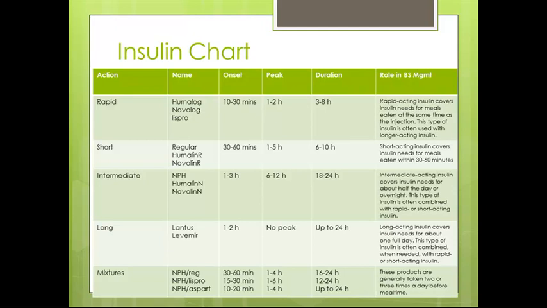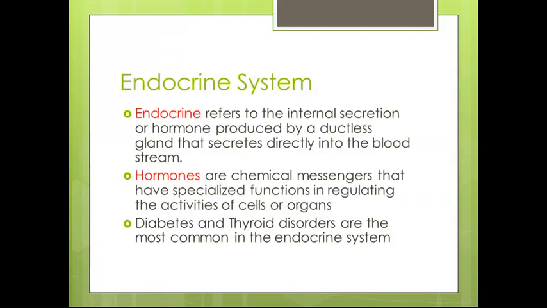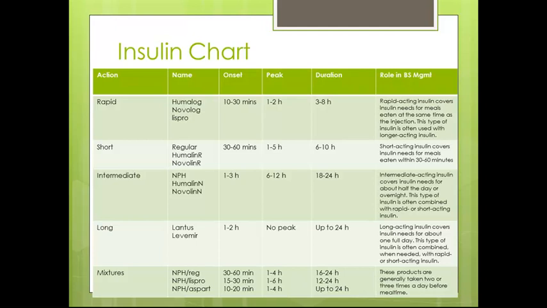Mixtures. Mixtures consist of a variety. The most common is NPH with regular. The onset is 30 to 60 minutes, peak is 1 to 4 hours, and duration is 16 to 24 hours. There's also NPH with Lispro and NPH with Aspart.